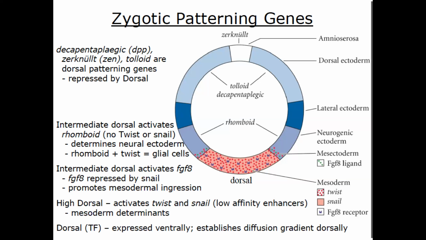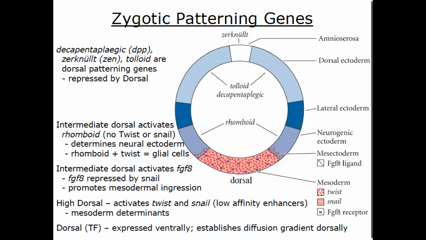And then what we actually covered is utilizing asymmetry to gain positional information and positional identity. Like the expression of dorsal in the nucleus only in the ventralmost cells of the embryo defined how dorsal expression and the gradient of dorsal expression can give rise to cells of different identity and layers, the different germ layers.